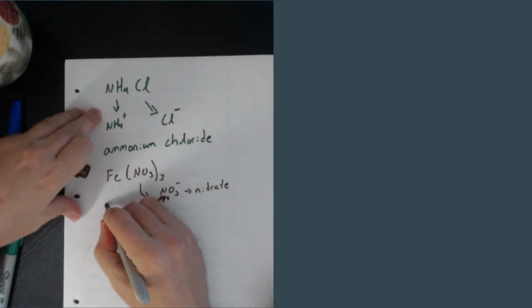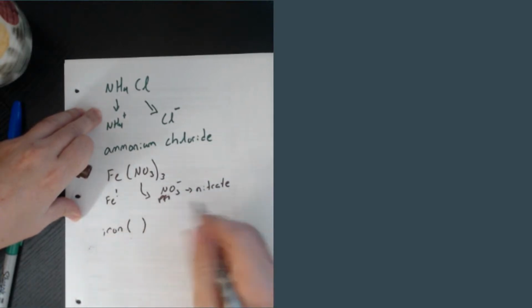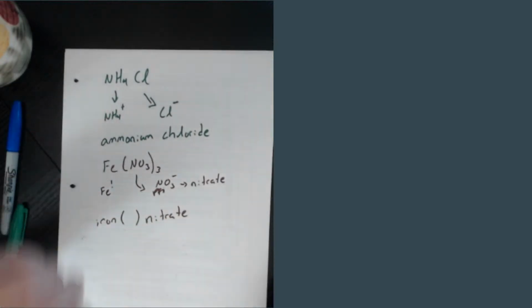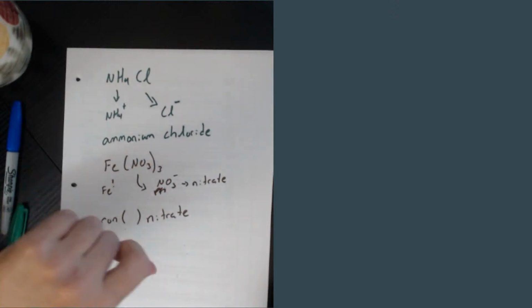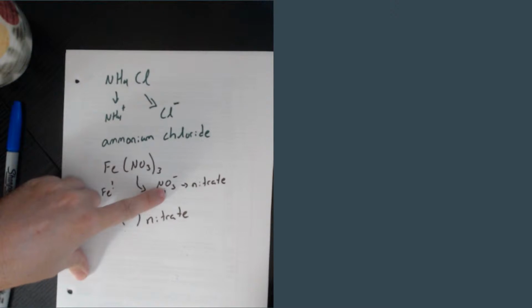So we know it's Fe something. It's going to be iron something nitrate. So we need to find out what the charge is on this iron. Whatever the charge on the iron is, it has to balance out the charge from the nitrate, so the whole thing overall is neutral. There are 3 nitrates. Each of them has a -1 charge.